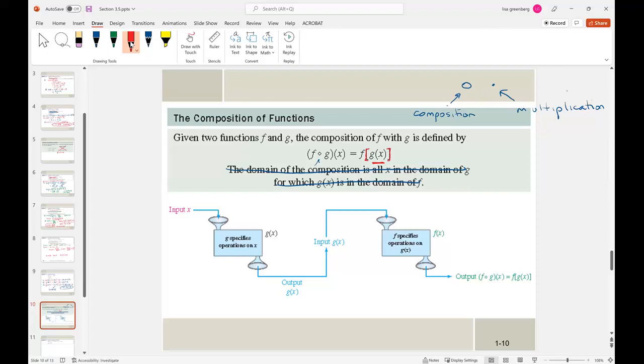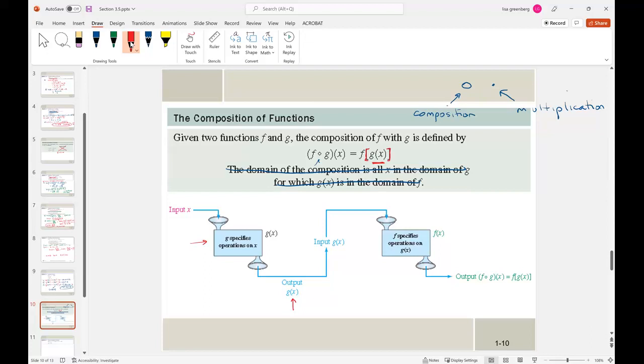So we input our x, right? Whatever the function is, we have some input. It goes through g of x, goes through this machine, and out comes g of x. Whatever this machine is, it could be the square root, it could be something squared, it could be absolute value, it could be a lot of different things. It doesn't matter what it is.